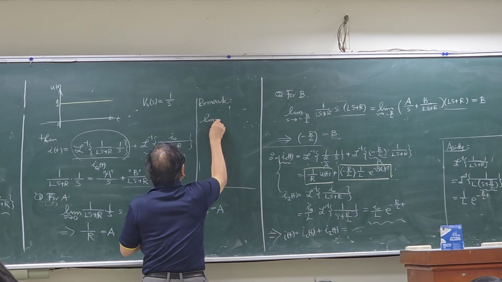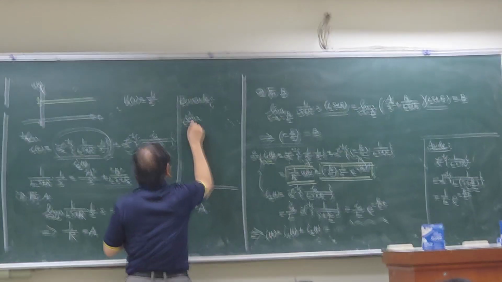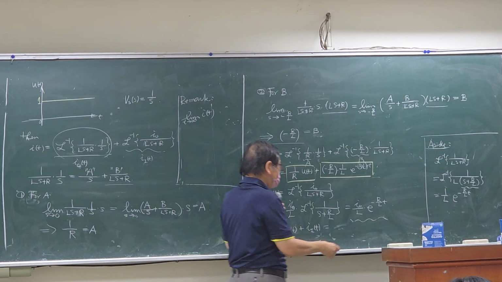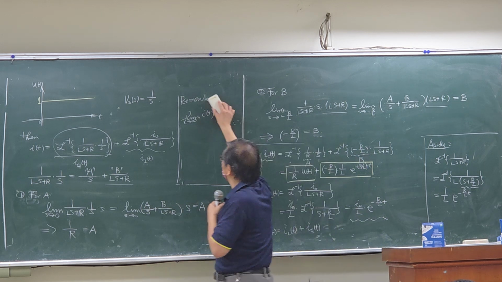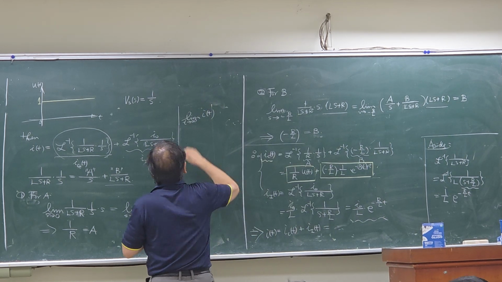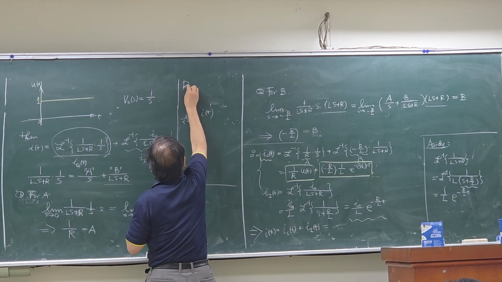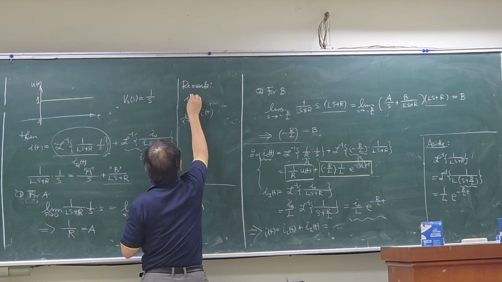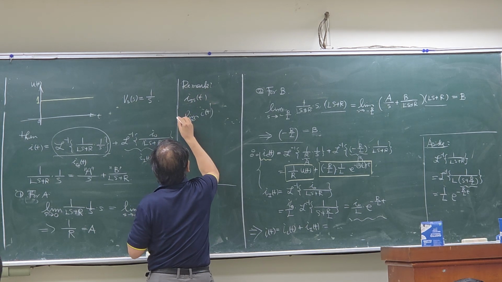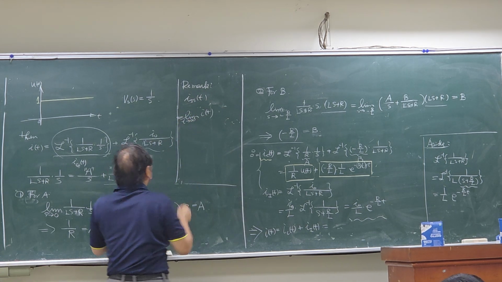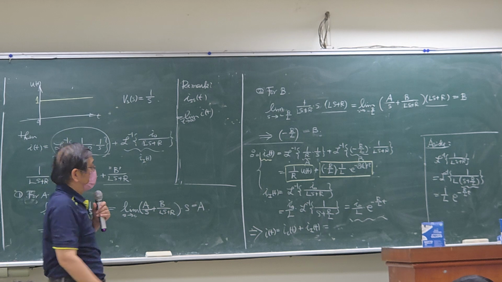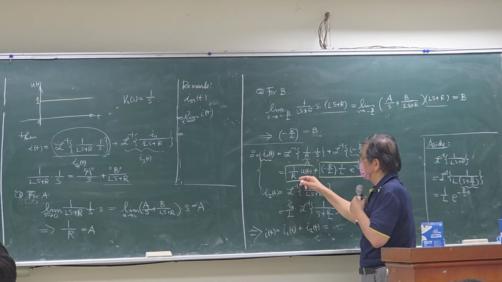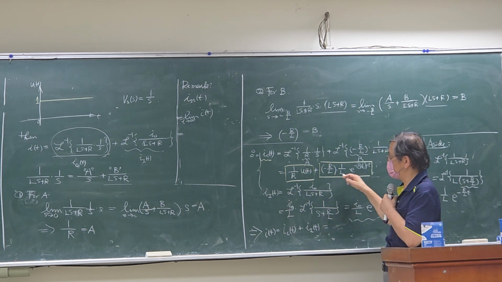So when we take the limit, we are considering the steady state. Looking at I_L(t), there are two terms.